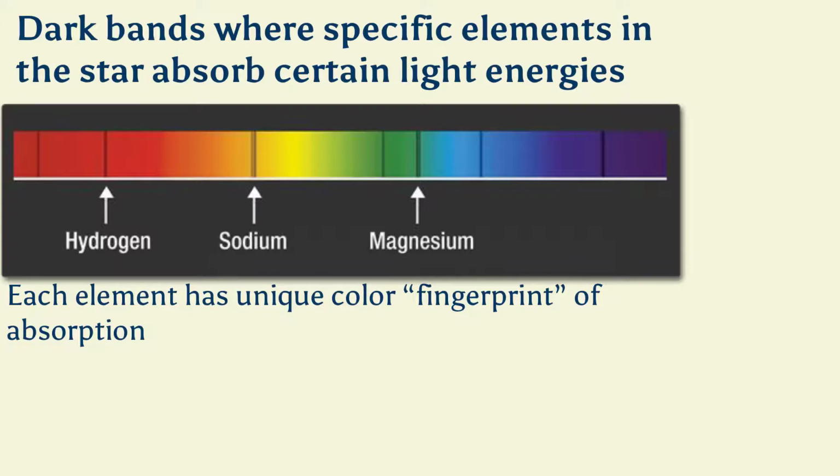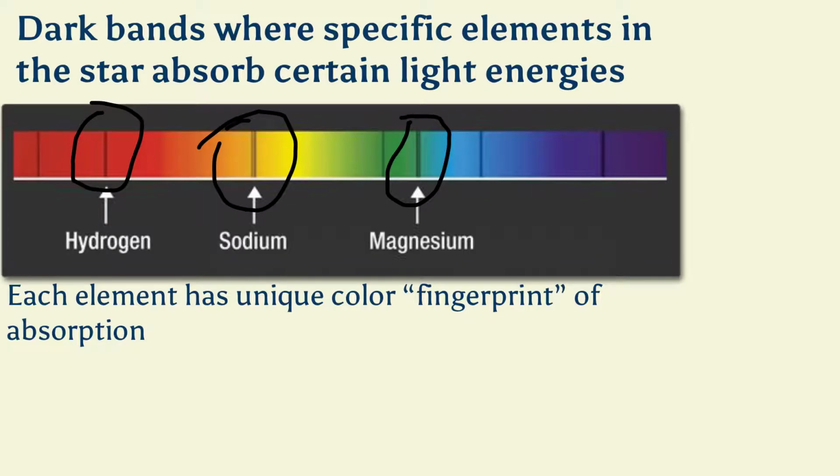For example, in the image you can see that the element hydrogen absorbs some of the red colors. The element sodium absorbs orangish yellow colors. And the element magnesium absorbs some greenish blue colors.